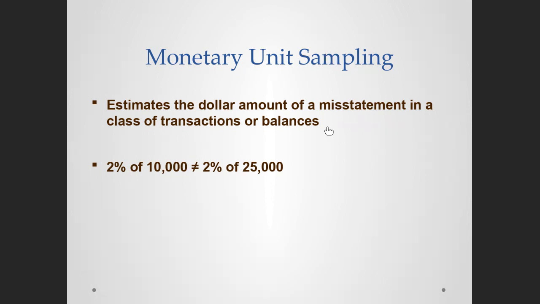But in monetary unit sampling, in addition to the percentage, we need to see the actual amount, because 2% of 10,000 is not the same as 2% of 25,000. Let's say we determine that we will tolerate 2%, but once we calculate it, we find that 2% is $50,000.